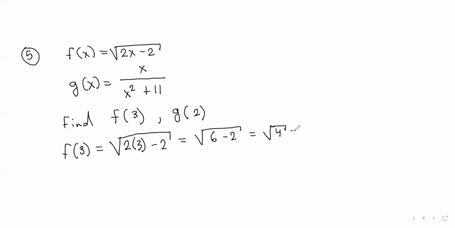And the square root of 4 is equal to 2. So for our answer, we have f of 3 is 2. Now let's find g of 2. Like the previous example, every time you see an occurrence of x, you replace the x with a 2. So this equation, x over x squared plus 11, will become 2 over 2 squared plus 11.